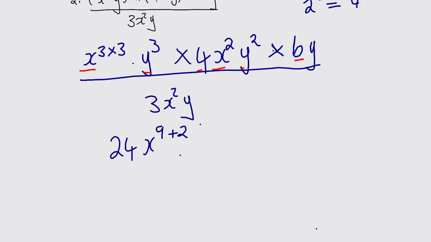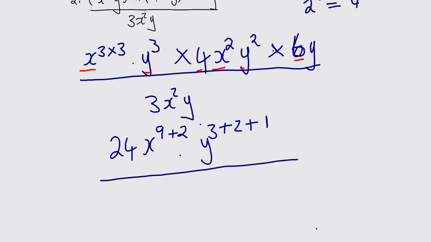So we have y to the power 3 because of this y, plus 2 because of that y. This is not b, this is 6. Okay, sorry about that. Then plus 1 is coming from here. Then you are done. Then again you have 3x to the power 2y.